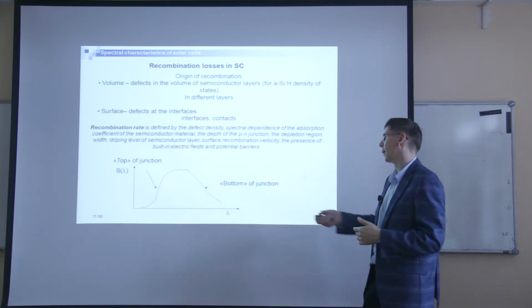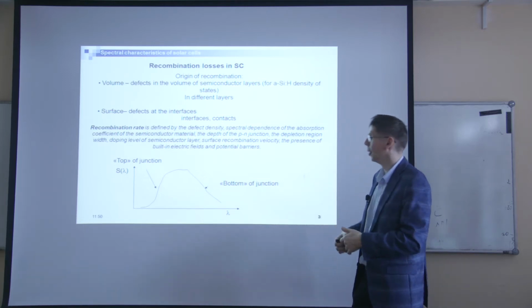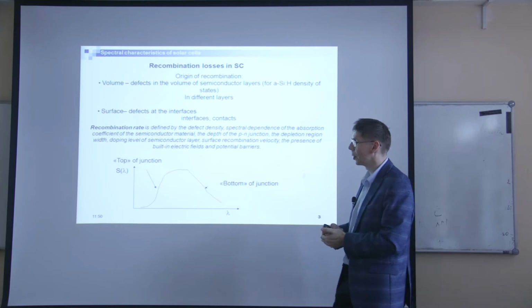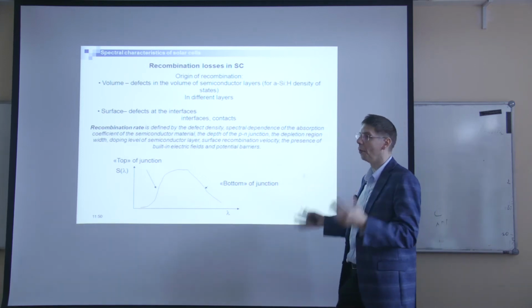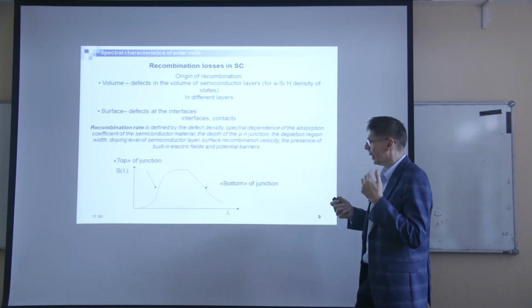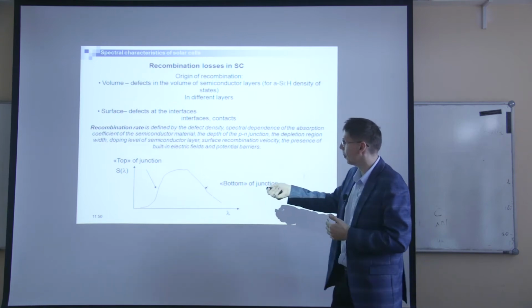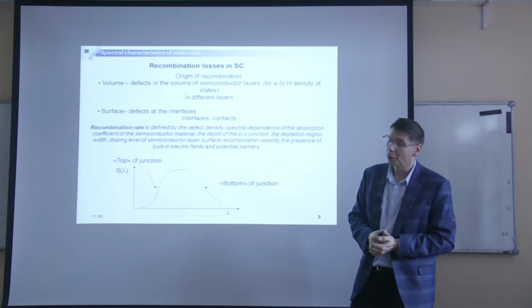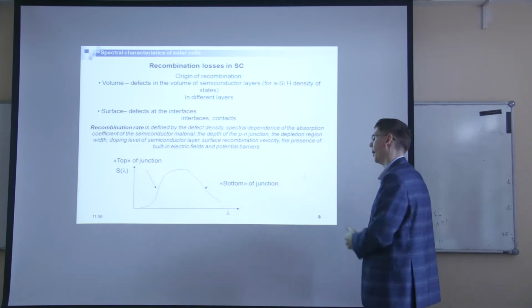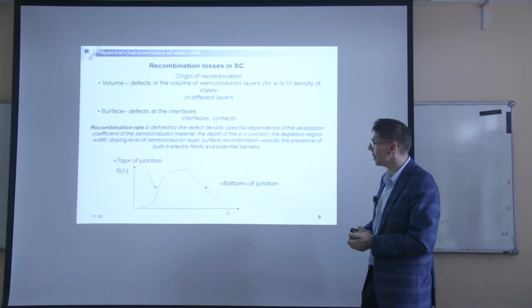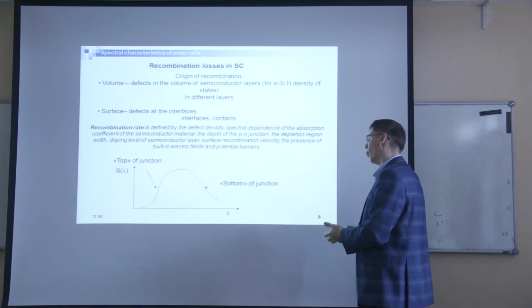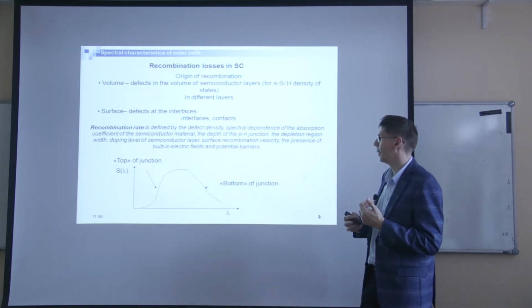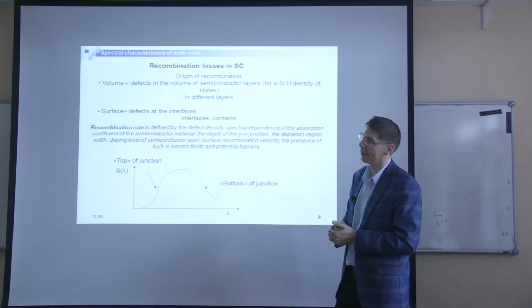For longer wavelengths you have a lower absorption coefficient, so they are absorbed in the volume, and if you have a drop of quantum efficiency at the long wavelength, it means that you have some problem either in the volume or at the bottom interface.